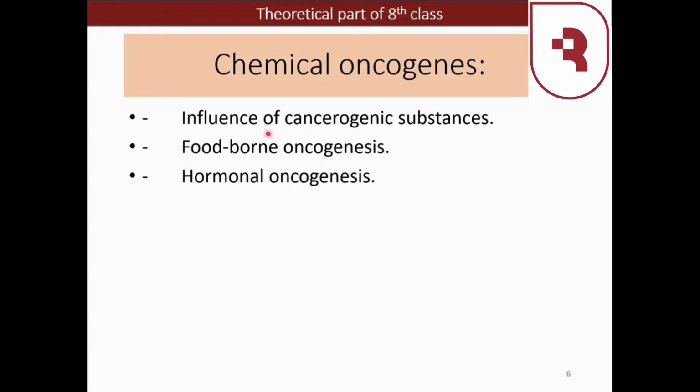The second group is food-borne oncogenic factors, which are associated with spoiled and modified food, and sometimes with oil and fried food. We will see progression of tumors in case of using this food.